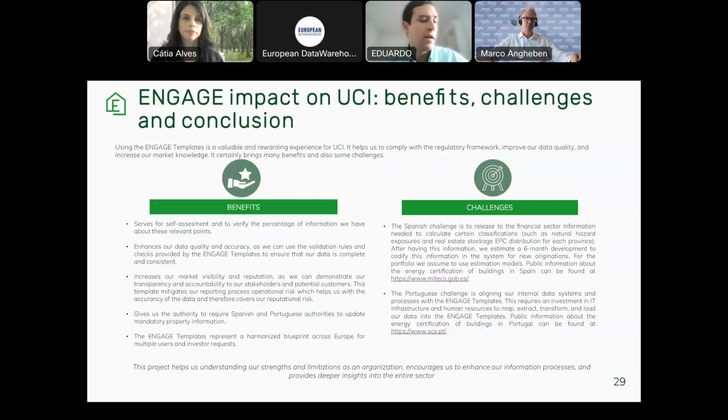No, as you were saying, any other initiative that may come, I don't know if I understood it right. So how this intersects with an initiative by ADENE and the financial institutions in Portugal, right? Yes, correct. I'm not aware of this particular initiative, so I don't know what the information is. But if this initiative moved on, certainly by using this gold standard that the engaged template is becoming, we would be in a better position to face whatever new obligations or new initiatives we may adhere to and may come.